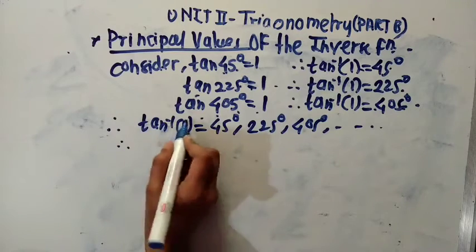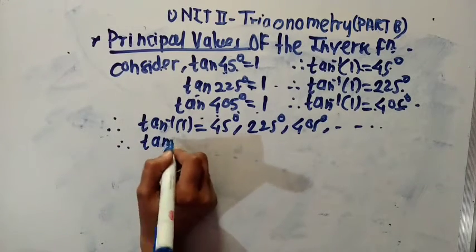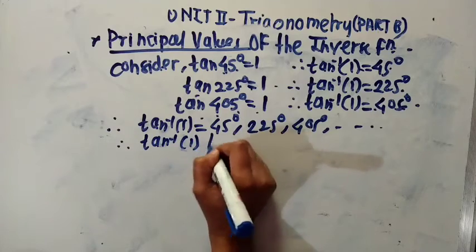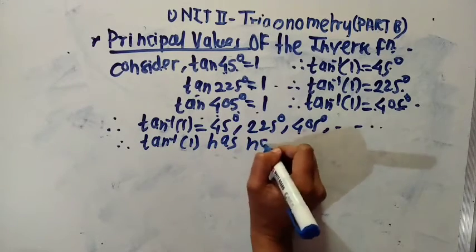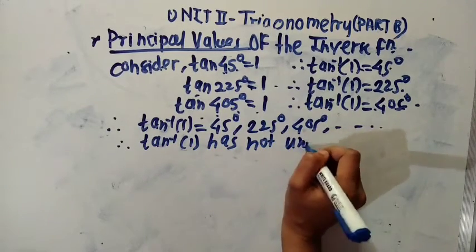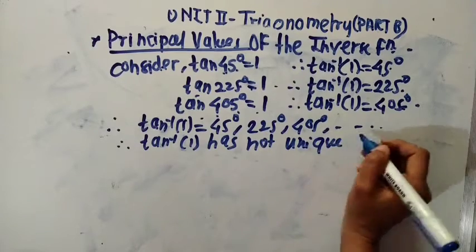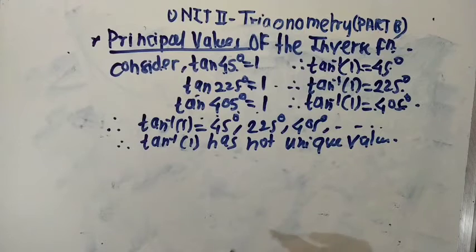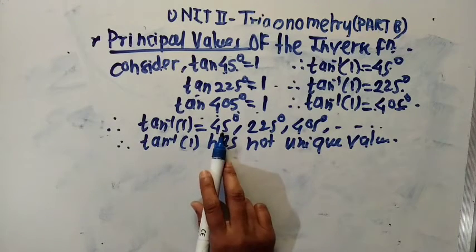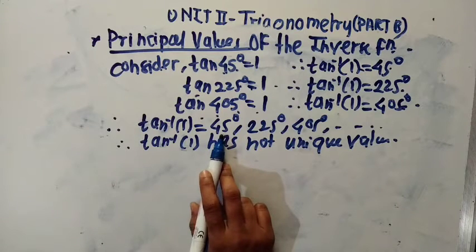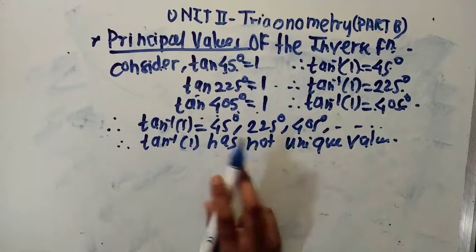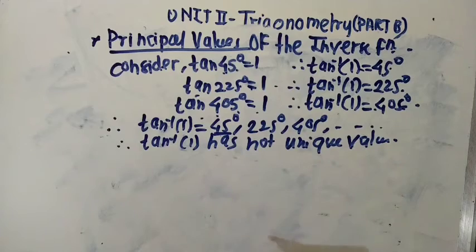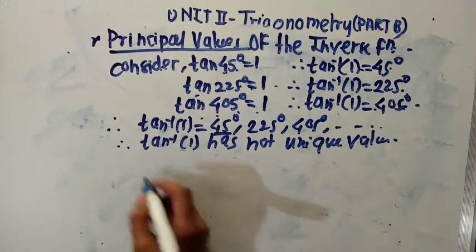Hence tan inverse of 1 has not a unique value. It is a multi-valued function. Hence the first value is 45 degree. The smallest value, which is 45 degrees, is the principal value.